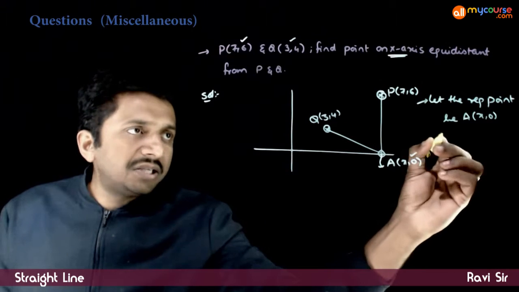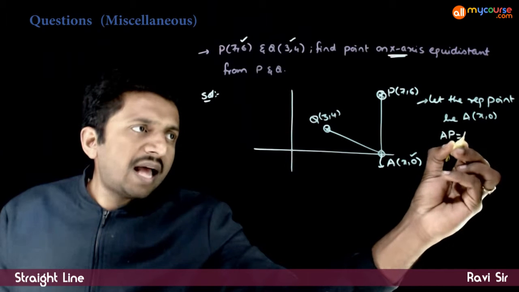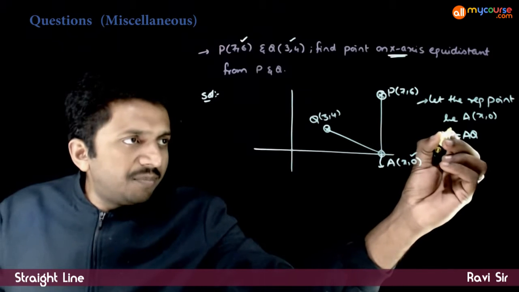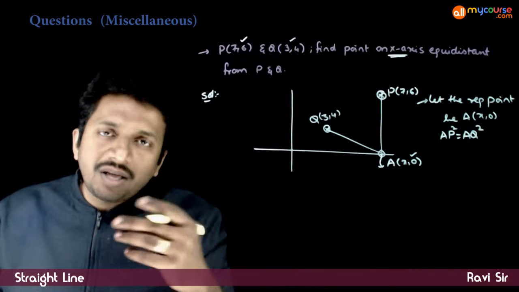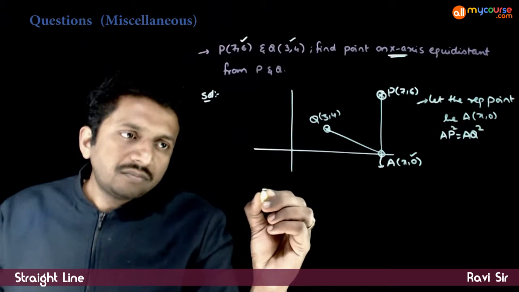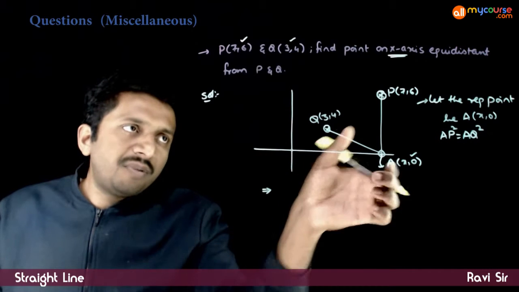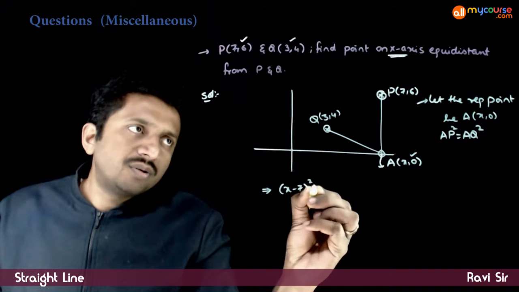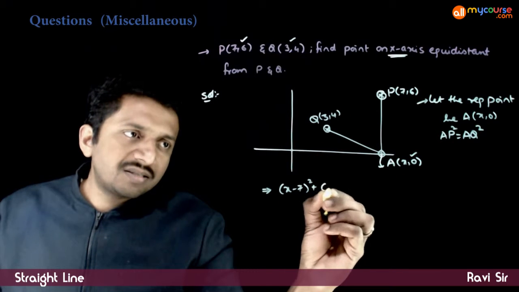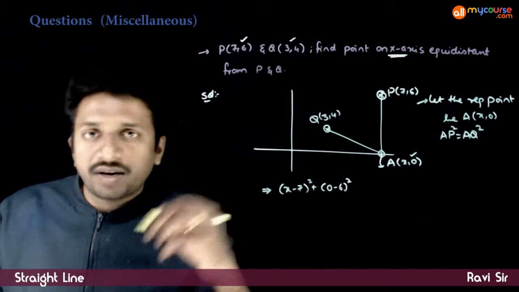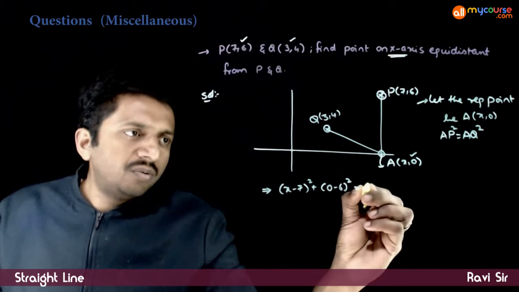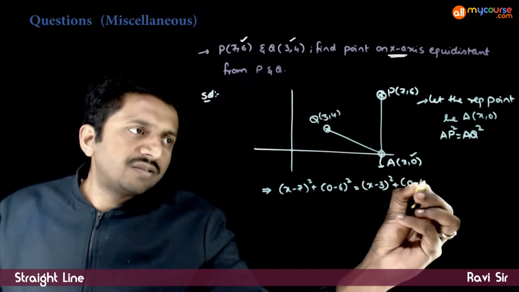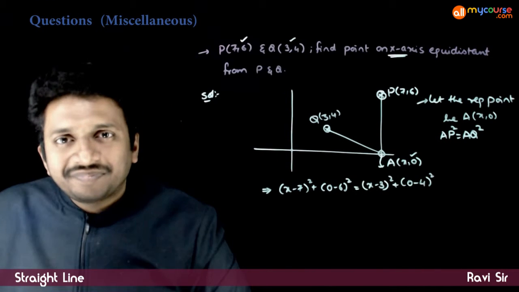Now according to the condition, AP has to be equal to AQ. Hence AP square has to be equal to AQ square. This implies, what is the formula for AP square? (x minus 7) whole square plus (0 minus 6) whole square has to be equal to (x minus 3) whole square plus (0 minus 4) whole square.